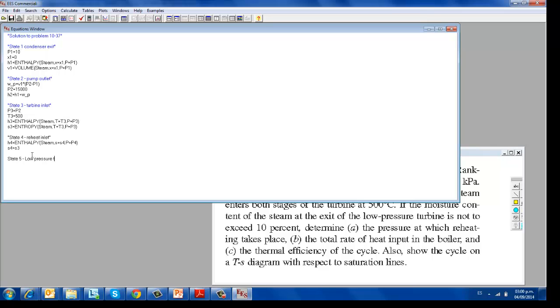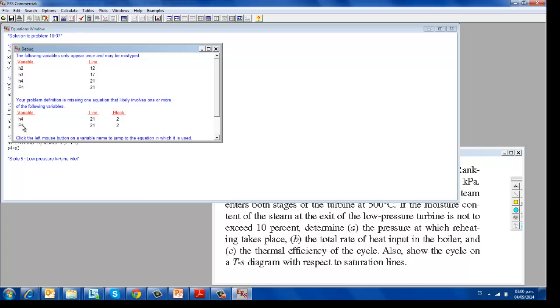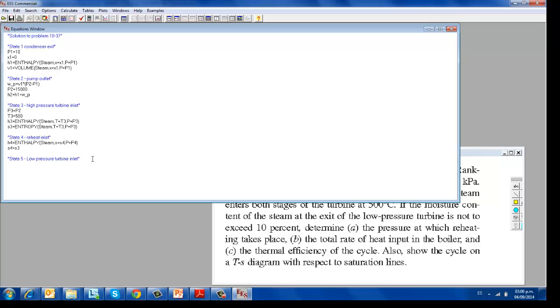Pressure, turbine inlet, and we can put the same here, high pressure. If we try to solve it at this point, we cannot solve it because we are missing P4. We check and see that we are missing one variable and P4 is among them, so we are okay. P4 is equal to P5 and T5 is equal to 500.